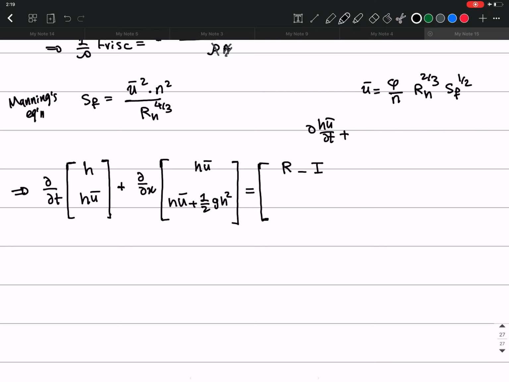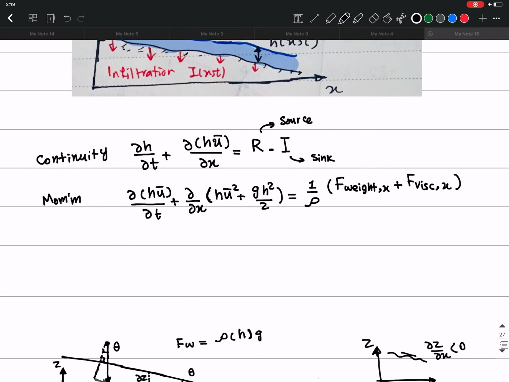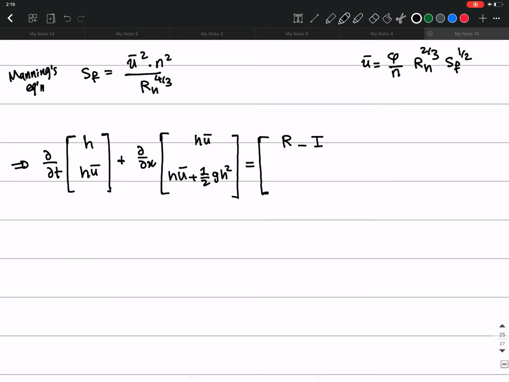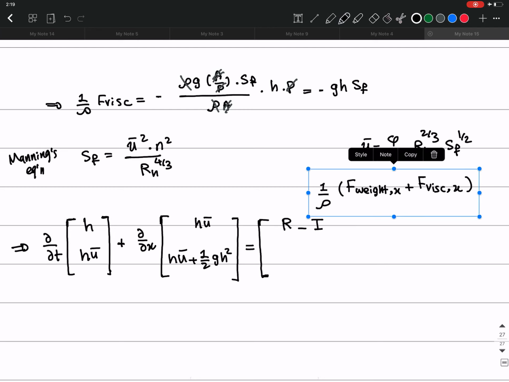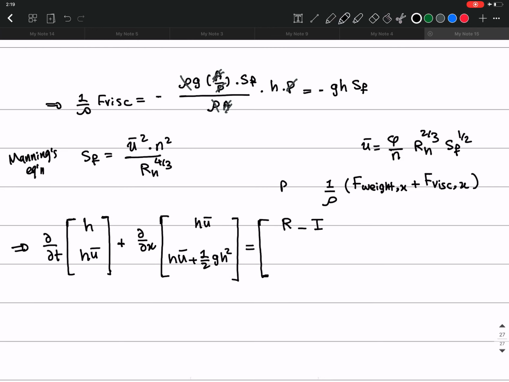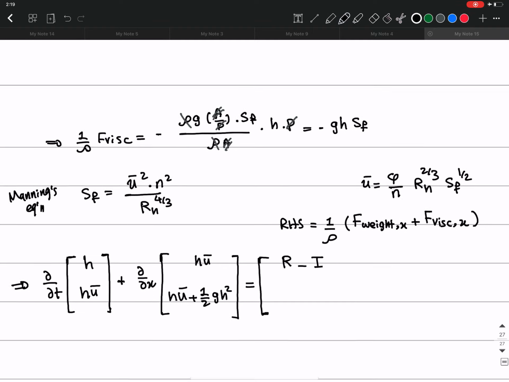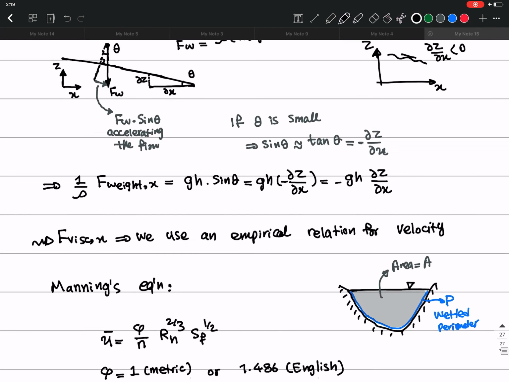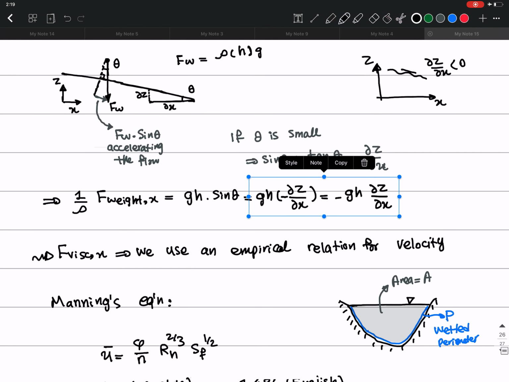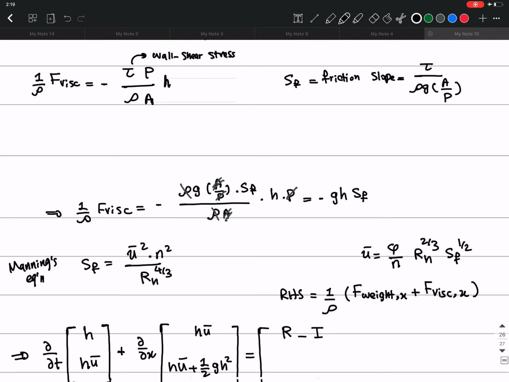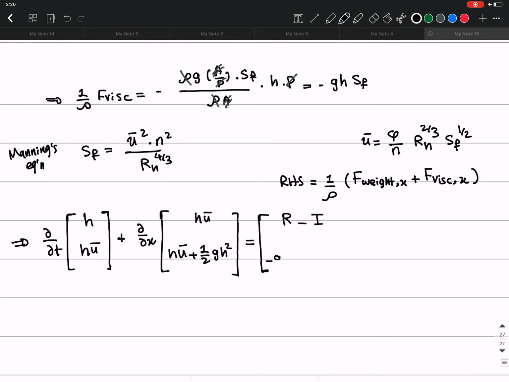So this is the left hand side, and then what is the right hand side? The right hand side is this. So I have 1 over rho of F weight plus F viscous. Let's see what F weight is. F weight we got here, so it's just minus gH partial Z over partial x.